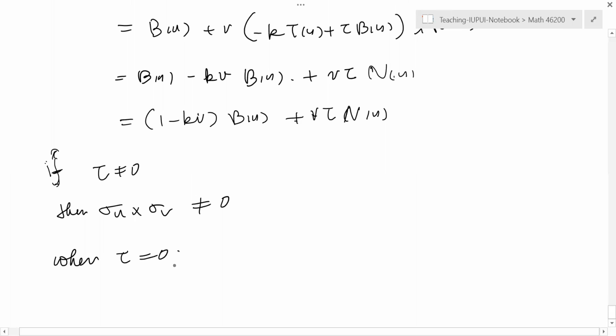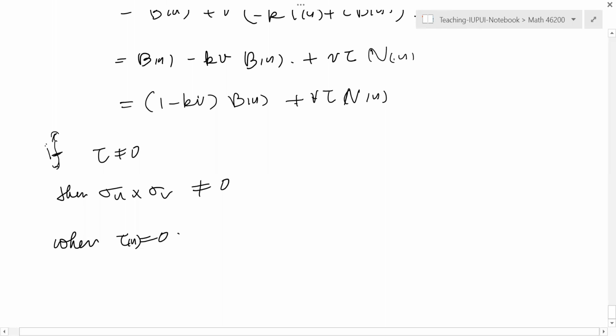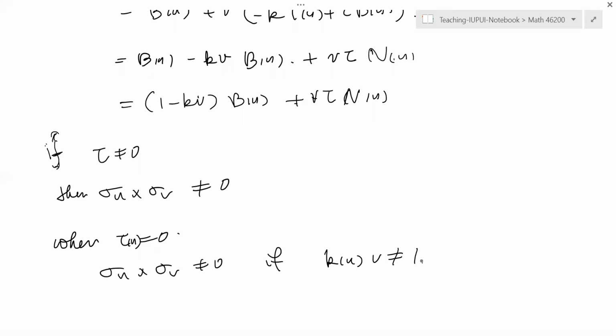When tau is 0 at some point, then v cannot be too large, because sigma u cross sigma v is not going to be 0 if k v is not going to be 1. We have to assume it's not so curved. So at least v cannot be too large. If v is small, it's okay.